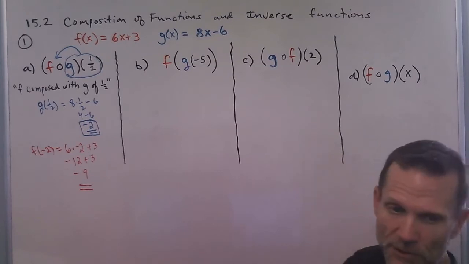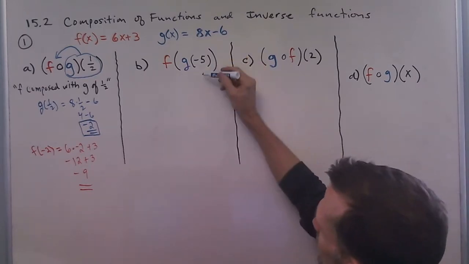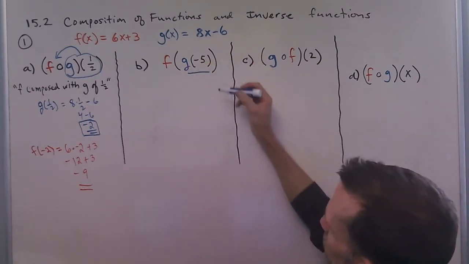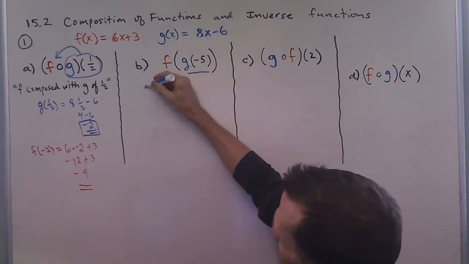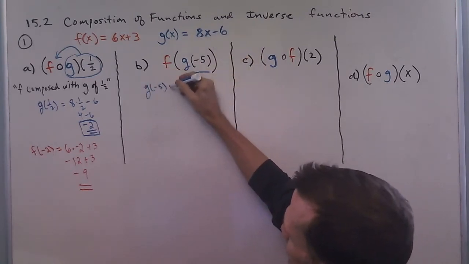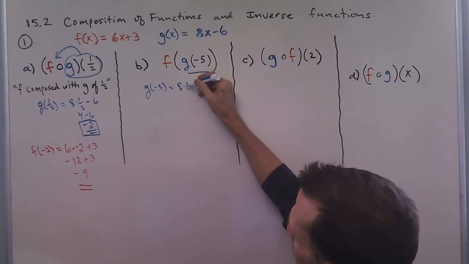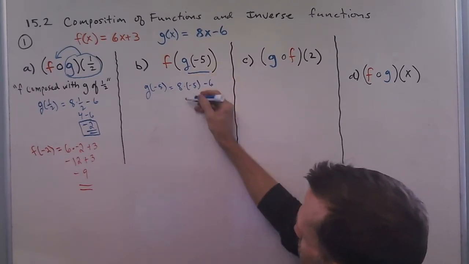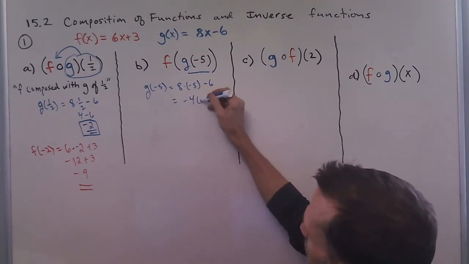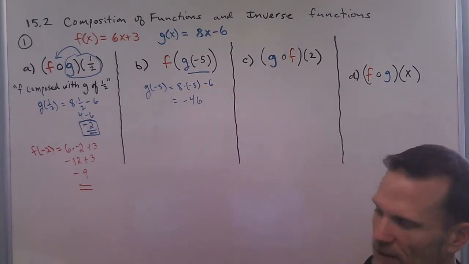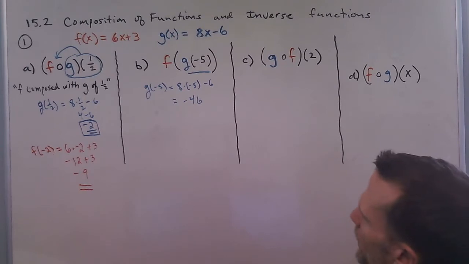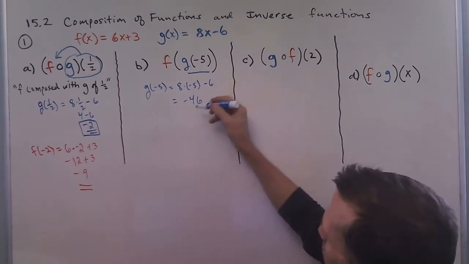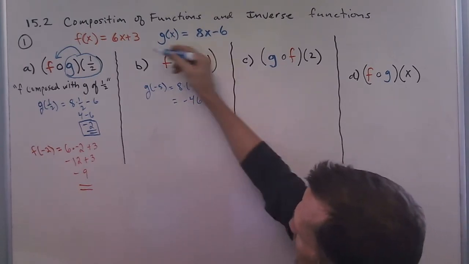So similarly, on this one, the first thing I'm going to do is compute this. So I'm going to put -5 into the g function. I get 8 times -5 minus 6. Let's see, -46. Okay, and then I'm going to take -46 and put it into the f function.